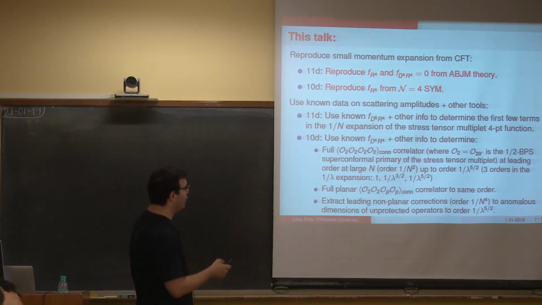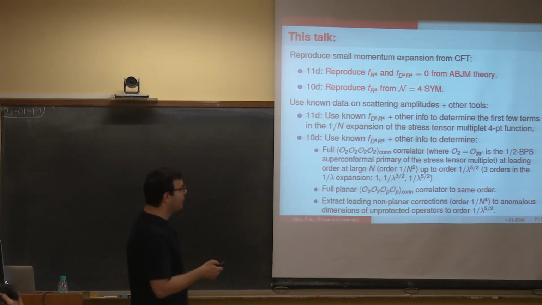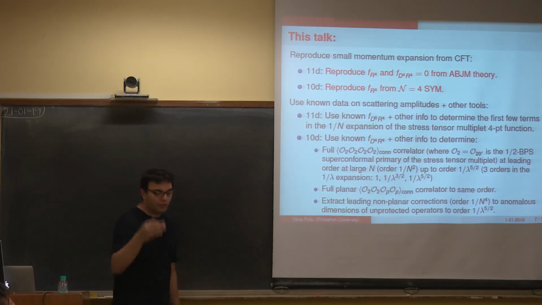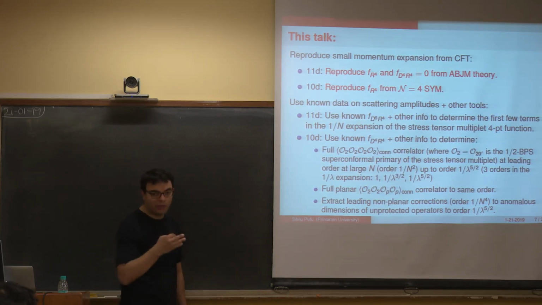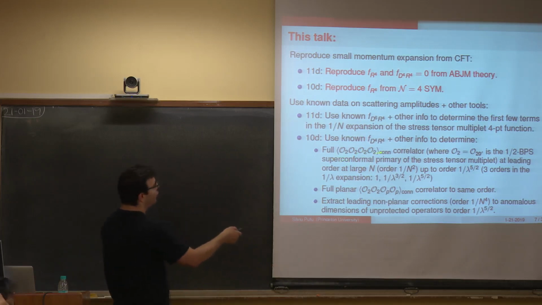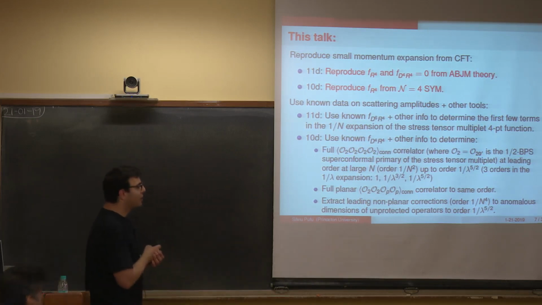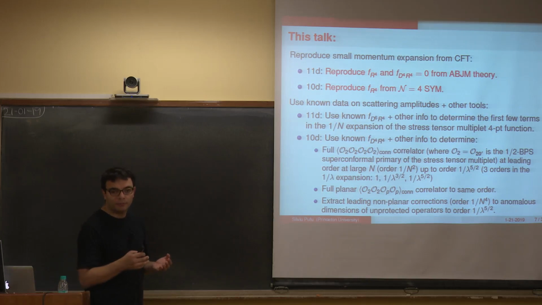In particular, what we'll be able to compute is the following. In N=4 super Yang-Mills, in the stress tensor multiplet, there's a superconformal primary that transforms in the 20 prime representation of the SO(6) R-symmetry. We can consider this 4-point function of this 20 prime operator, and we can expand it in 1 over N and in 1 over lambda.